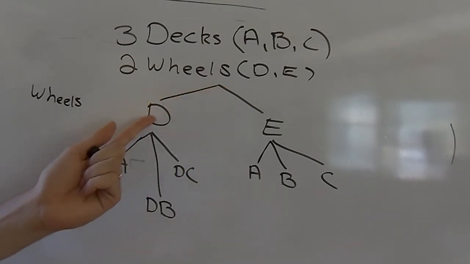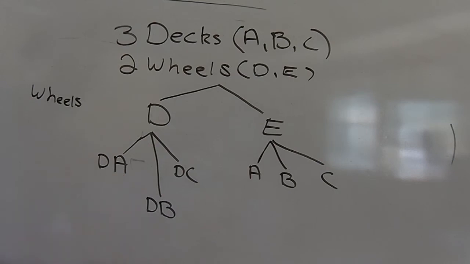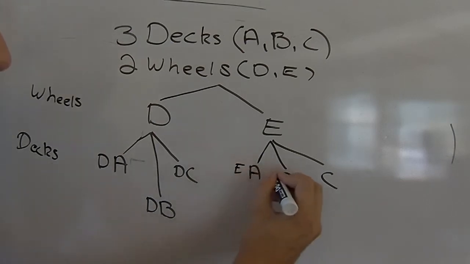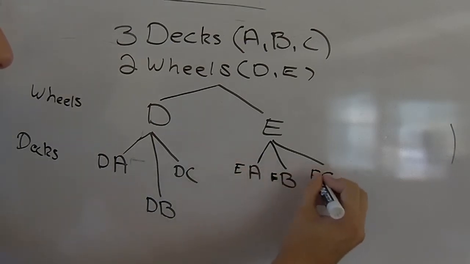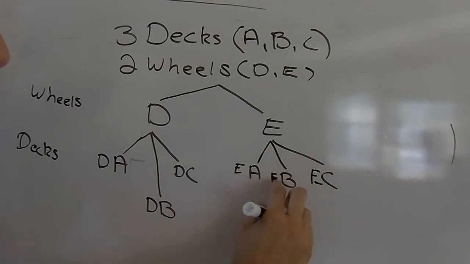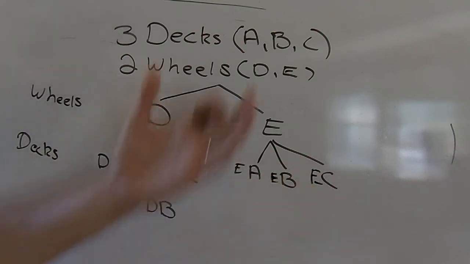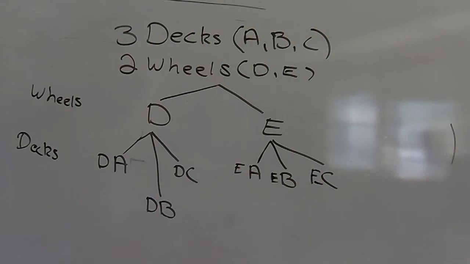So I chose D first, and the second letter is my second choice. So I went from wheels to decks. So here's my wheel, here's my deck. Here's my wheel, here's my deck. So over here I would have an E in front of all these.